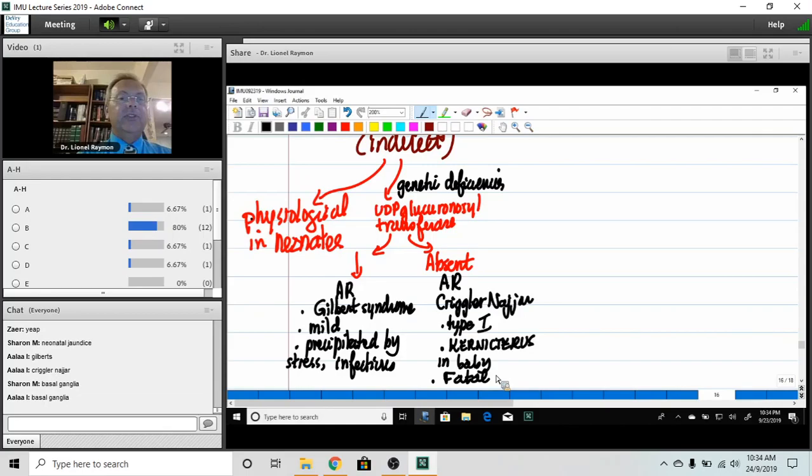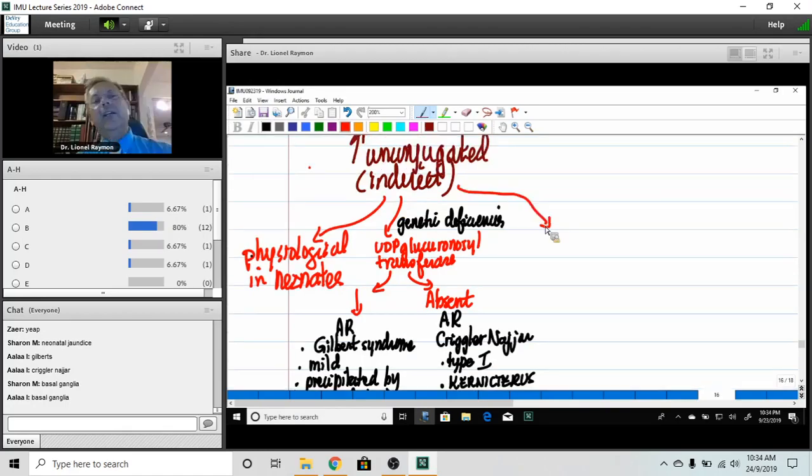Otherwise, indirect bilirubinemia doesn't have to be genetic deficiencies in UDP glucuronidase, but it could be genetic deficiencies in enzymes that could do what to red blood cells?